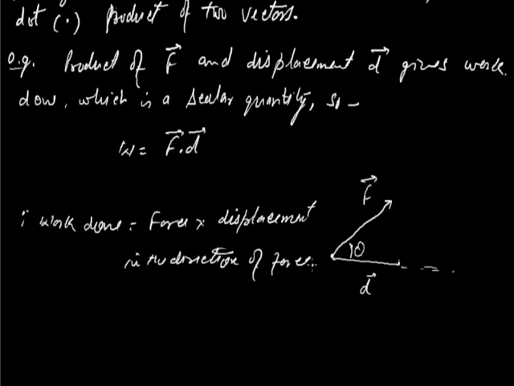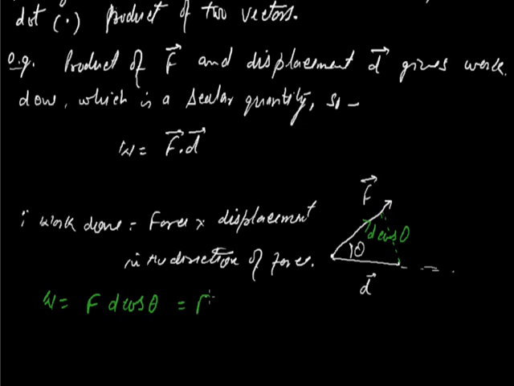To find the work done, we multiply force and displacement only when they are in the same direction. So we will resolve D in the direction of force. It will be D cos theta. So work done W will be F into D cos theta.